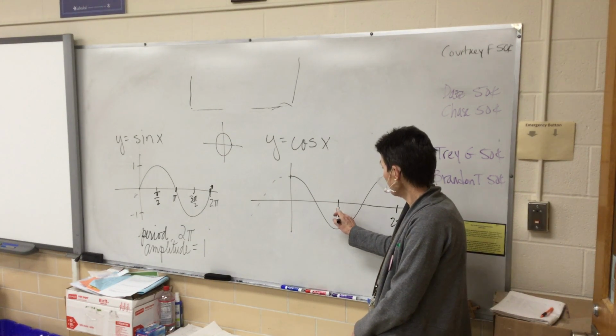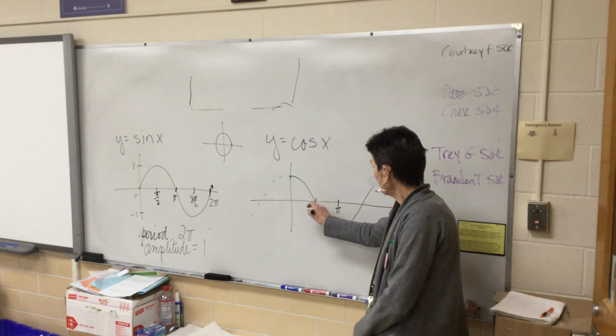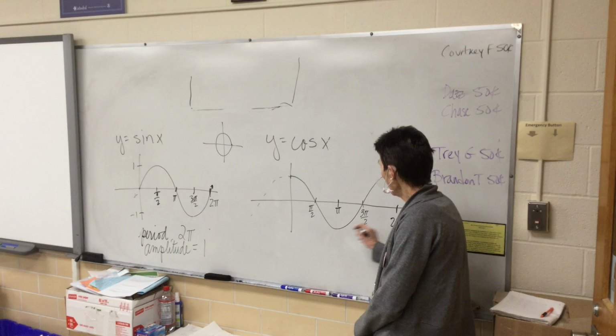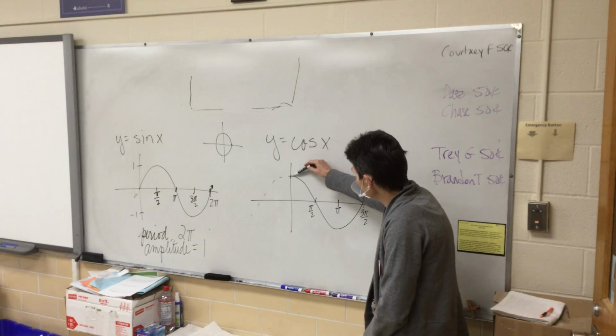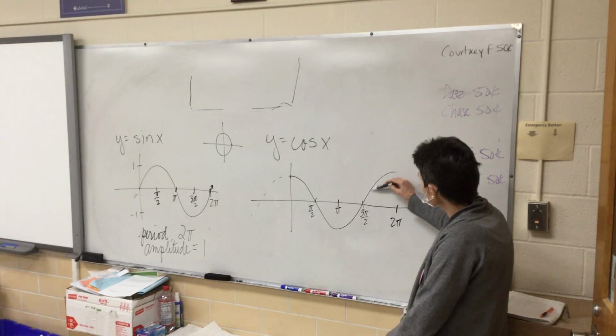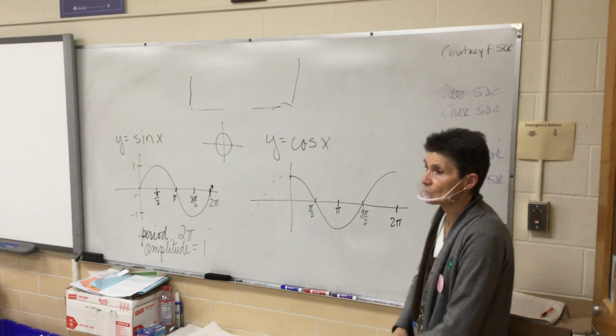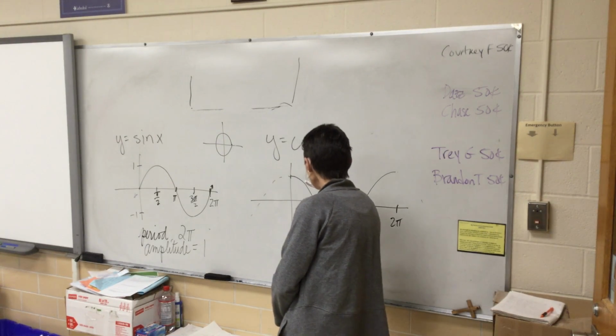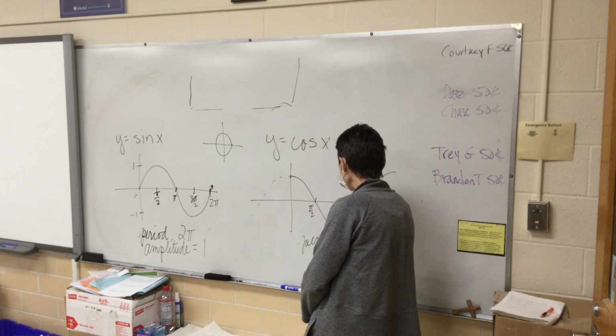So this is pi over 2, and 3 pi over 2. One trip around the circle, 0 to 90, to 180, to 270, to 360. Its period and amplitude are exactly the same.